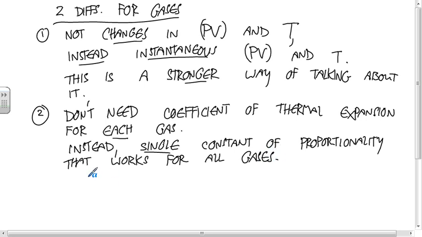And again, this is also a stronger way of talking about it. So again, we're going to know more about gases than we knew about solids and liquids.